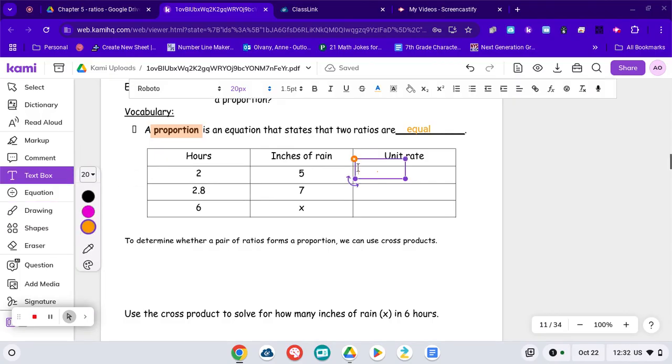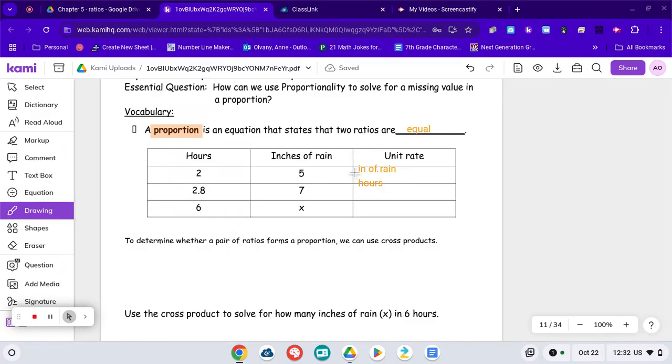I hope that you said inches of rain over hours. That's typically how it's measured. We've been hearing a lot about rain the past couple of years, actually, and even in the hurricane that was just down south, how many inches of rain per hour fell. I think they actually measured that one in feet.